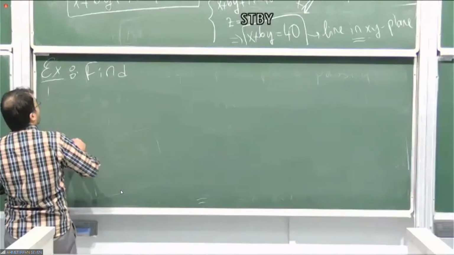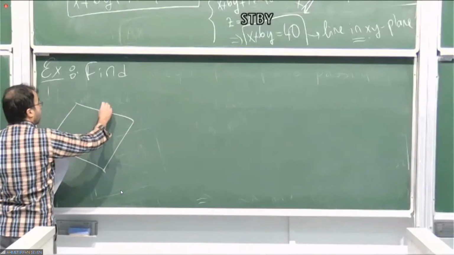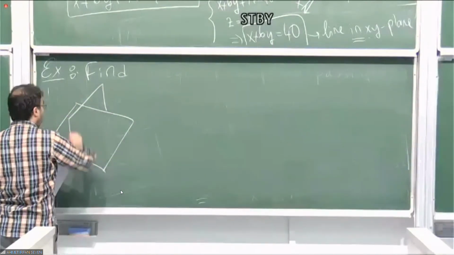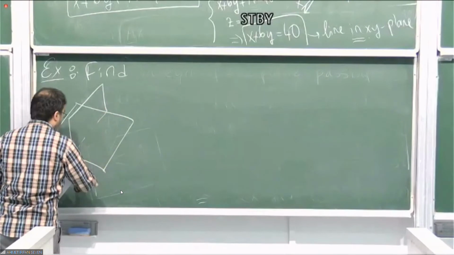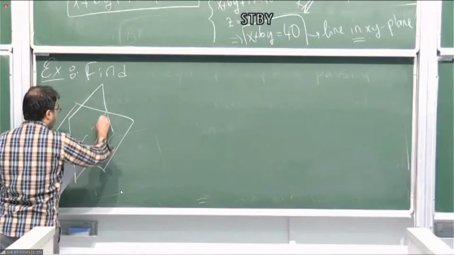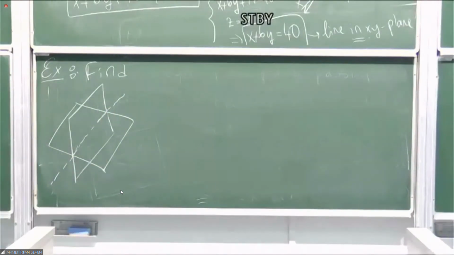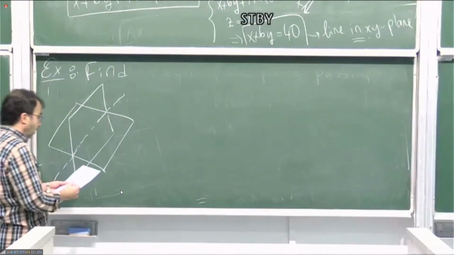So you see the picture will be like that. Let's say this is one plane, and if we have another plane, so typically they will intersect along a line like that.